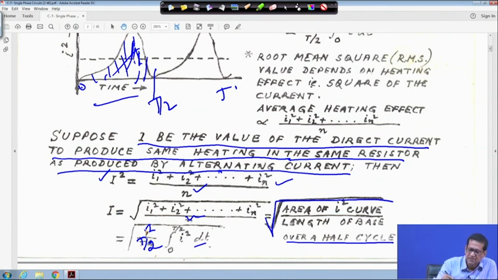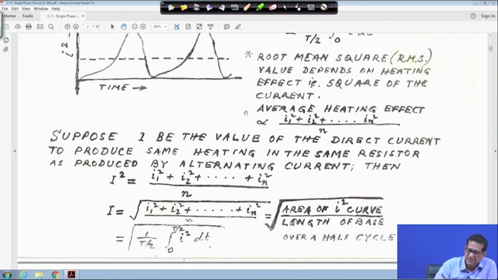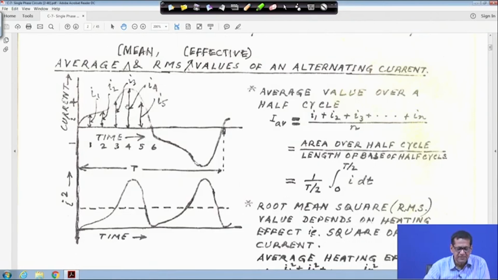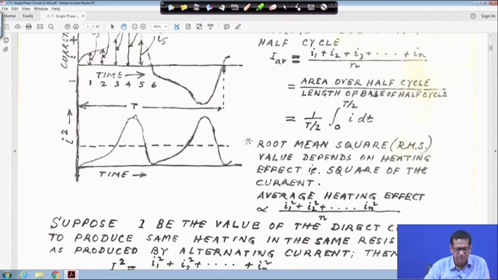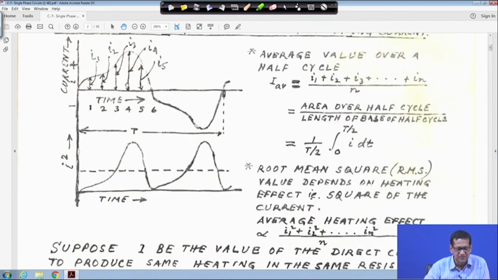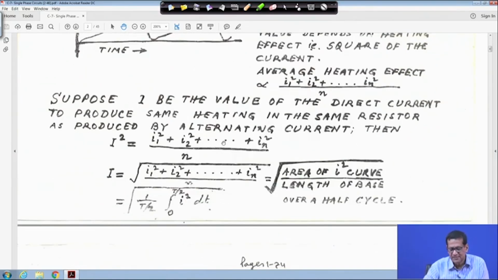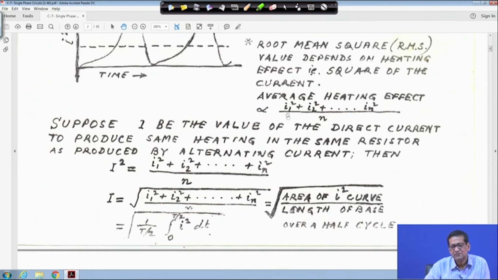That means for the average value we are directly taking the half cycle. For the root mean square value, we first square the current, I square, because the heating effect is proportional to the square of the current.